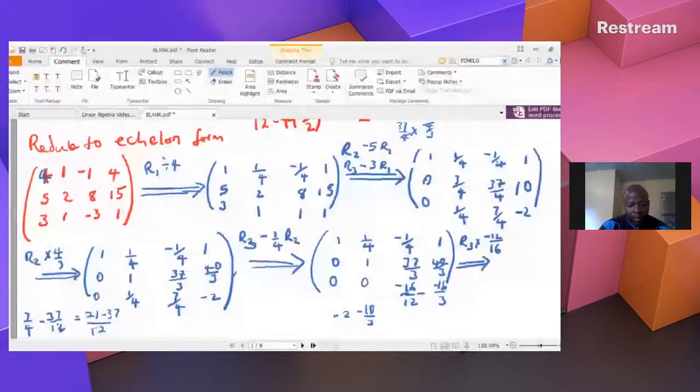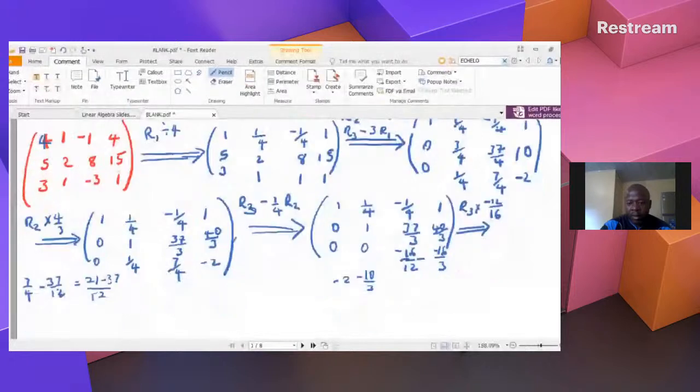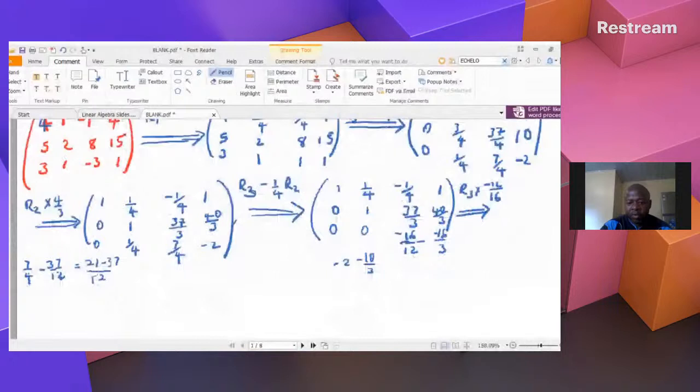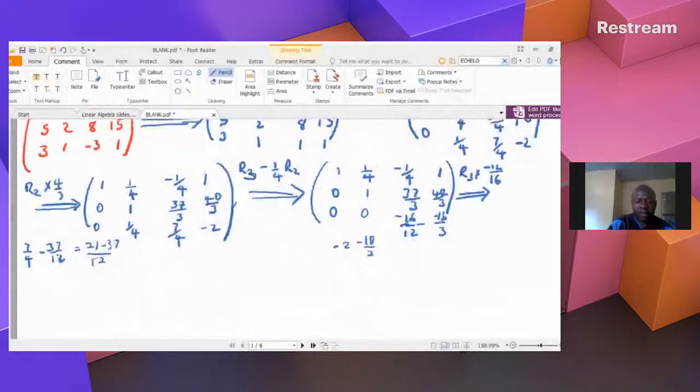So row 3 was multiplied by the reciprocal of negative 16 out of 12, and let's just do that. Let me just write the result here.